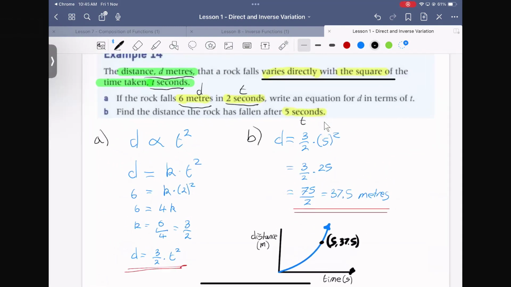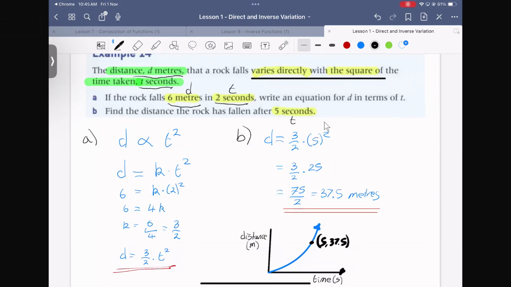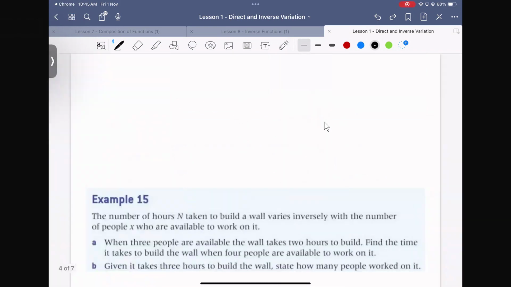From the wording of the question, it says that the distance varies with the time. You read the sentence like this: distance varies with the square of the time. It says in the question, distance varies with the square of the time. And then the independent variable is the one on the left.